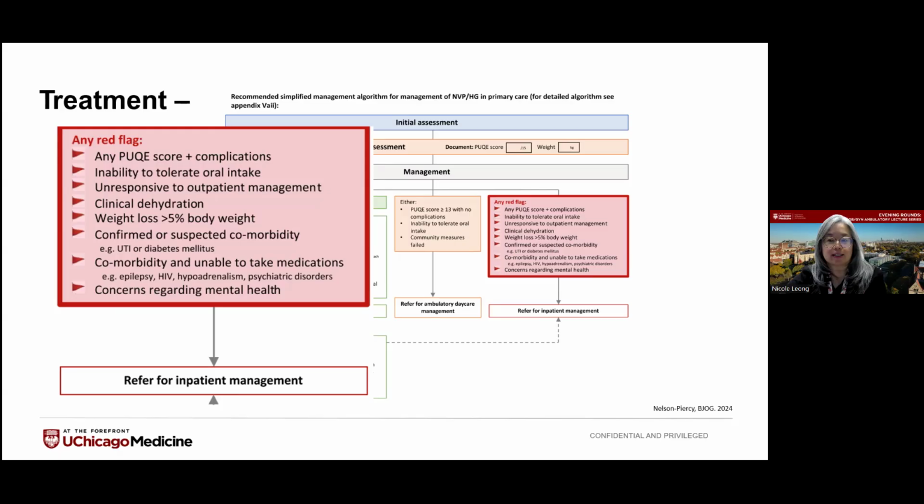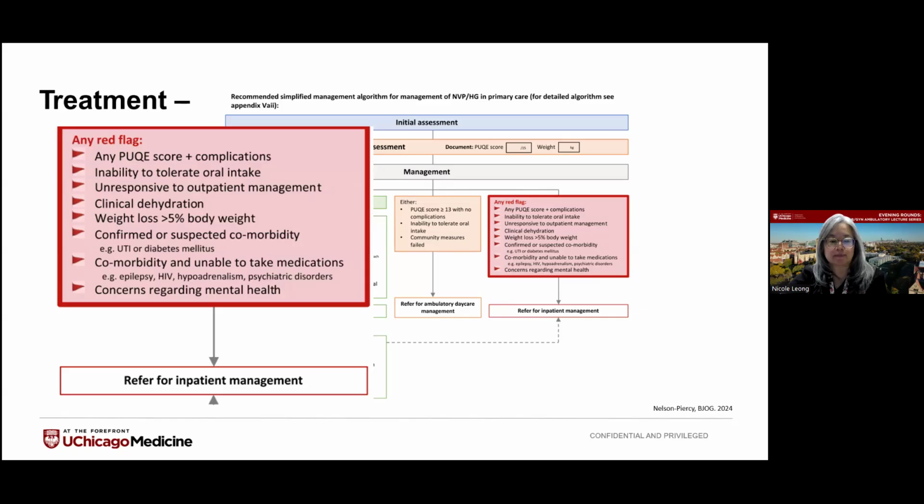Our last resort when someone's admitted to the hospital for a long period of time and they're not getting better is parenteral nutrition. So this is really only a last resort. Things like TPN or enteral tube feeds are also potentials to help with serious malnutrition.